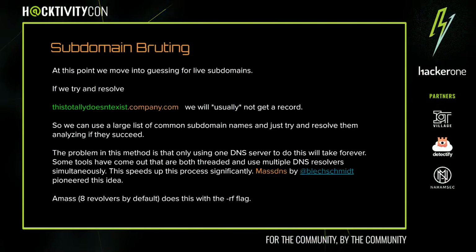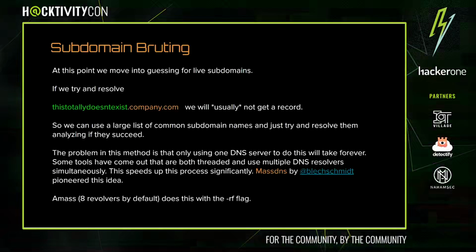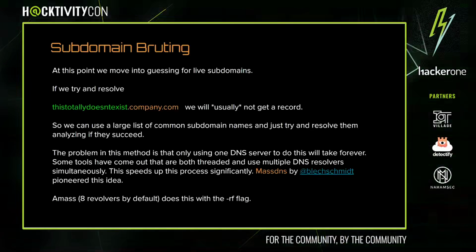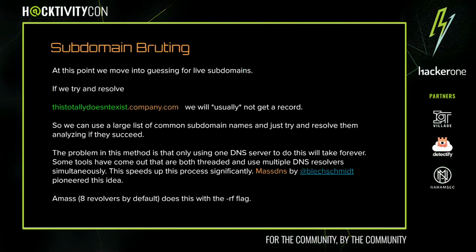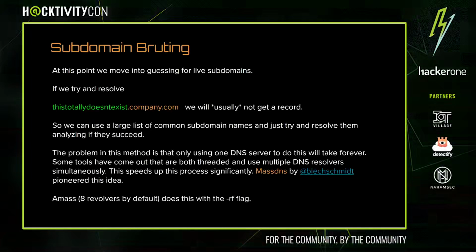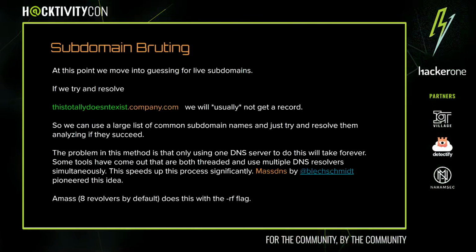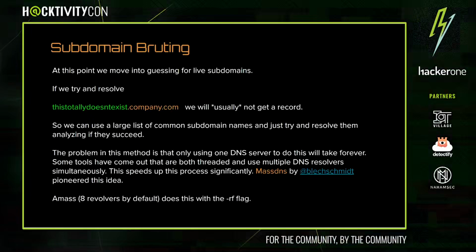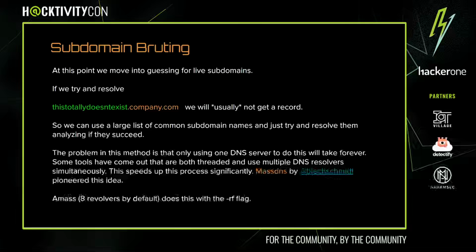You can imagine all these DNS resolutions could take a lot of time, and Fierce, with a giant word list of brute forcing stuff, could take a long time to finish, or some of these older tools. Well, MassDNS basically cuts that work up across multiple DNS resolvers, and you can do this in 1/10, maybe even 1/20th the time that you used to be able to do it before.